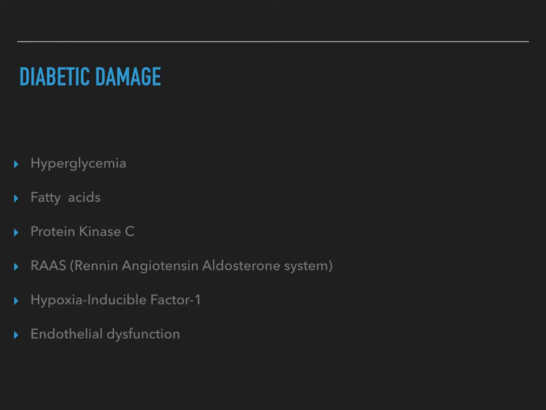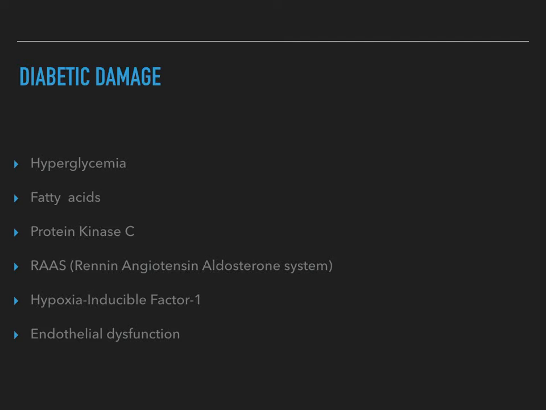Also, with hyperglycemia, we see an increase in the ROS, and that occurs because you're overworking the mitochondria to compensate for the hyperglycemia, and that overworking stresses out the mitochondria, which will release these reactive oxygen species, just like what I talked about in my atherosclerosis video.